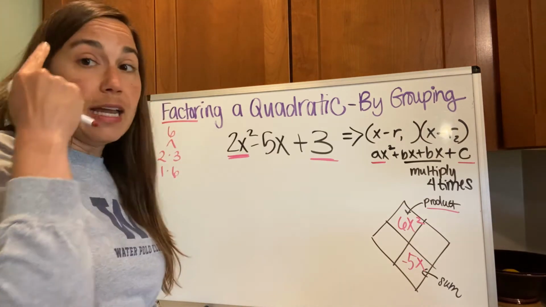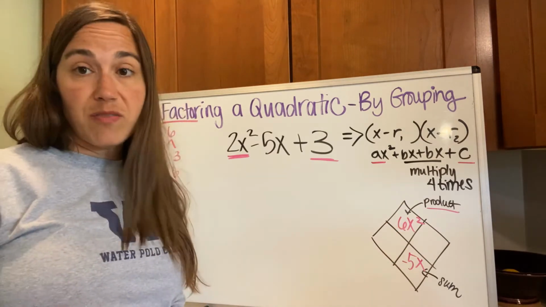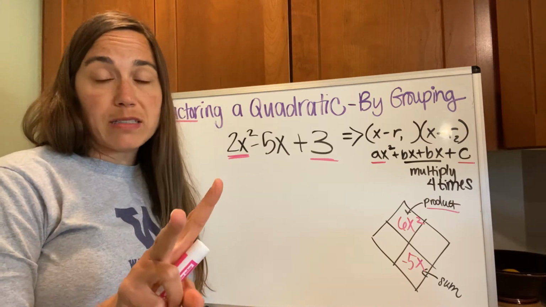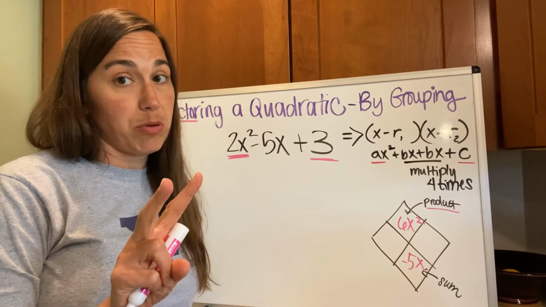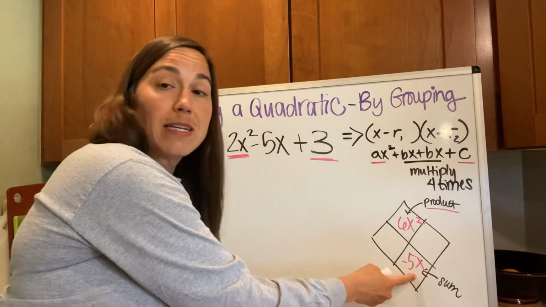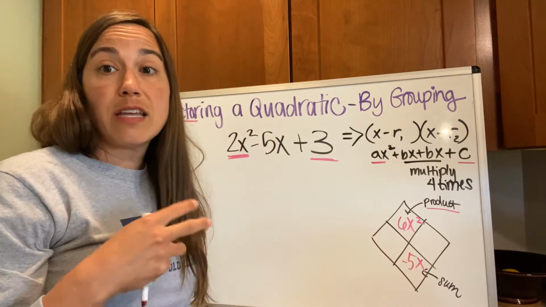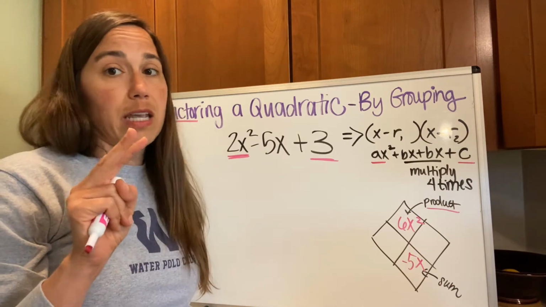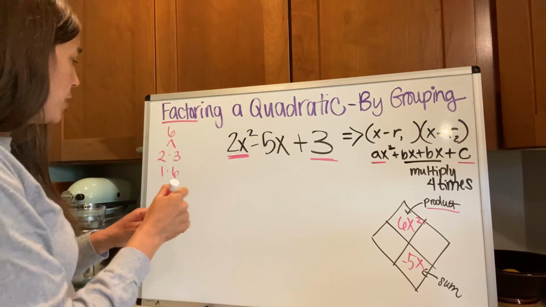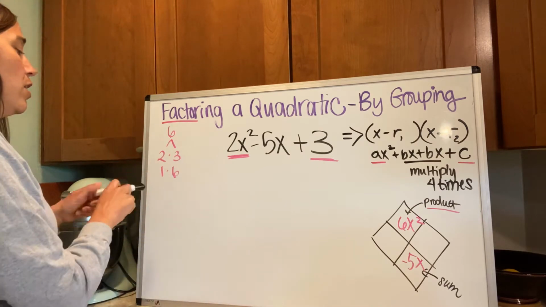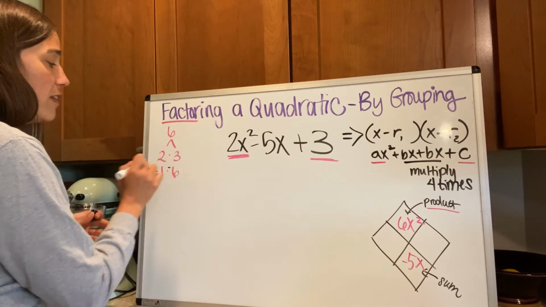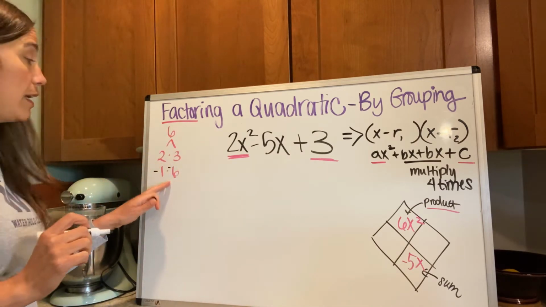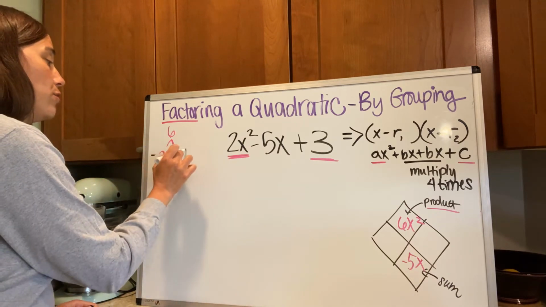In my mind, I know that the only way you can get a positive product is if you multiply two positive numbers together or two negative numbers together. Because the sum has to be negative, I know that the product has to have been reached by having two negative factors. So when I go over to my factors of 6, the only ones that would work, if I make those both negative, I would get negative 5. It has to be negative 2 and negative 3.